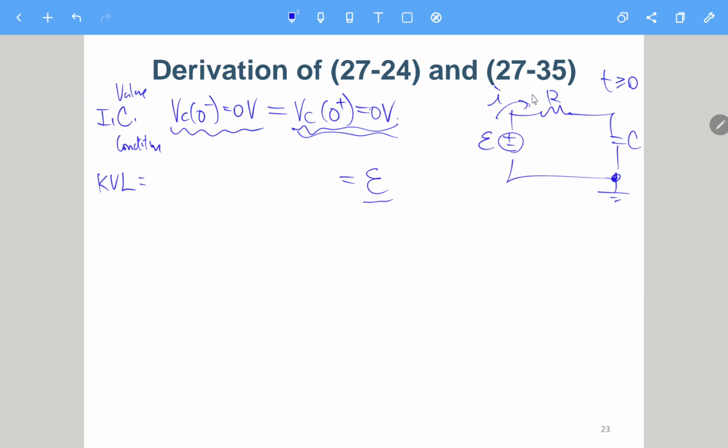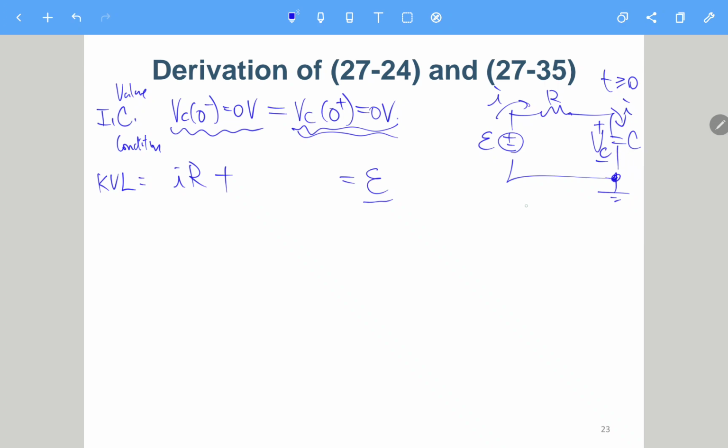Then I times R, and then plus VC. So what is the relationship between the current of the capacitor and the voltage across the capacitor?